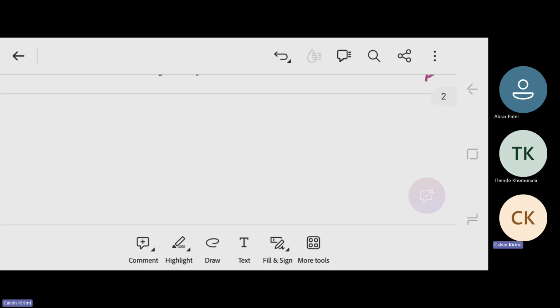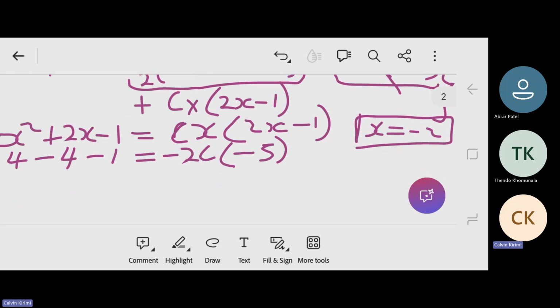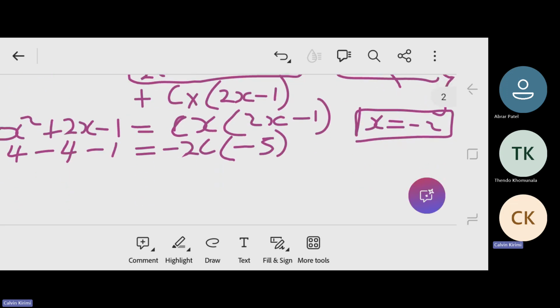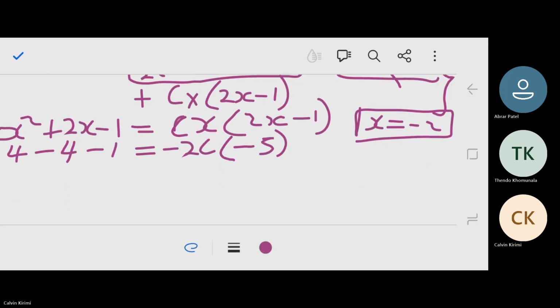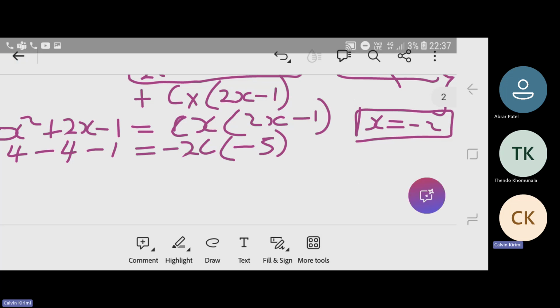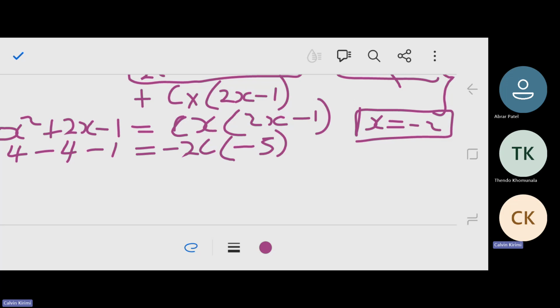Once we are there, now we can solve for C. 4 minus 4 is 0, minus 1, negative 1, is equals to negative times negative, positive 10. So it's equals to minus 10C. So what is the value of C?